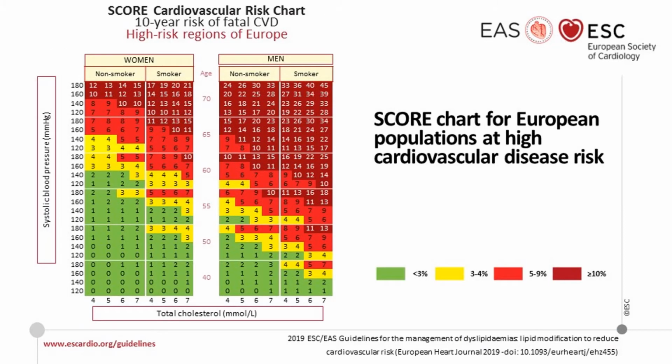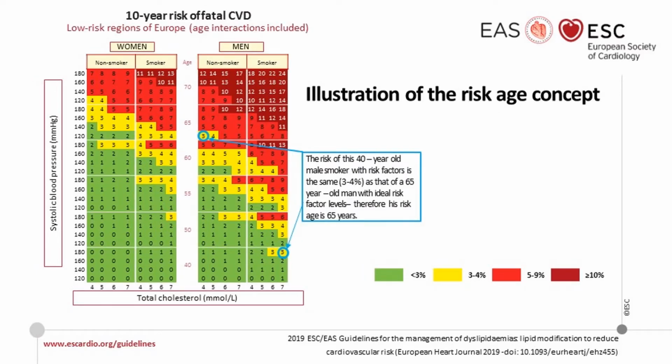And this is the SCORE cardiovascular risk chart that is used to estimate the 10-year risk of fatal cardiovascular disease. These charts are made for low-risk regions of Europe and high-risk regions of Europe, and this one is for the high-risk regions of Europe. As you can see, you can use it according to the age groups. You mention the age of the patient, then plot his age and calculate his risk score according to other risk factors.